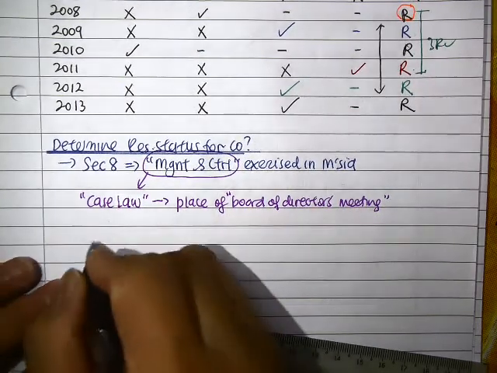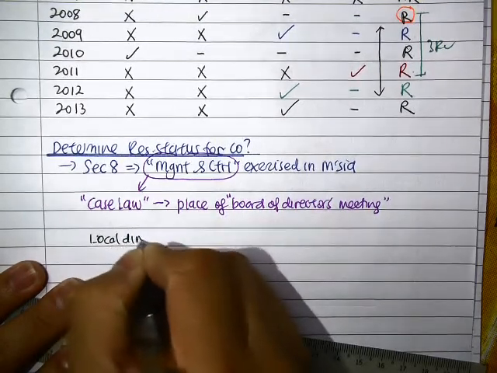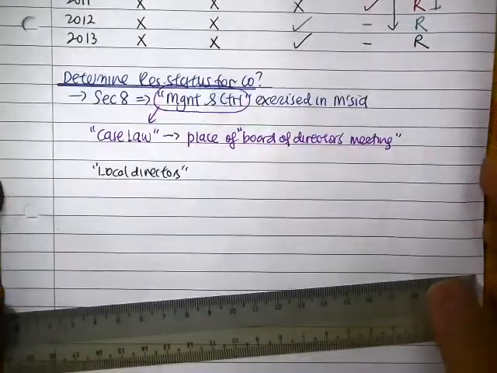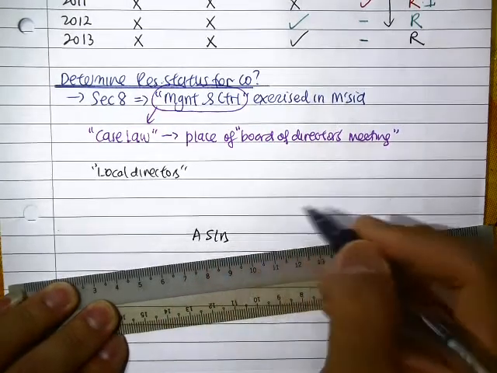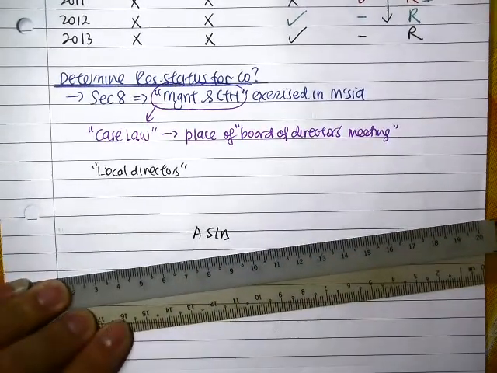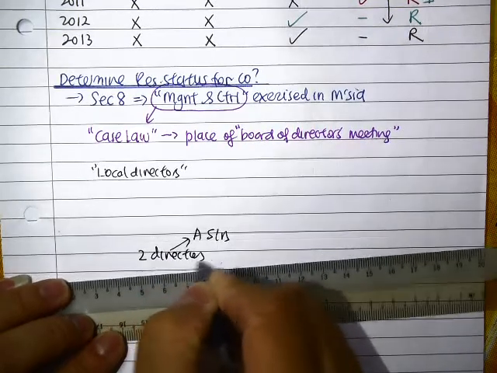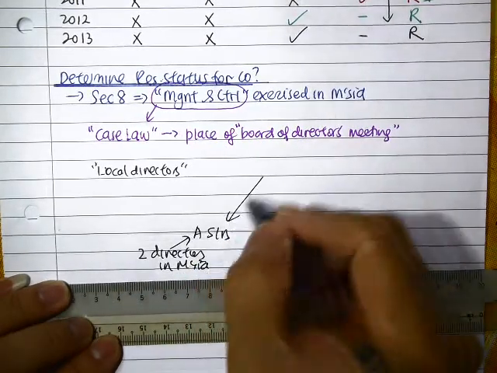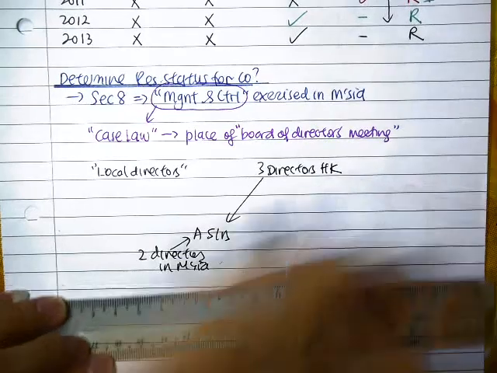So when it comes to the issue of local directors, if you have local directors, let's say we have A Sendirian Berhad. A Sendirian Berhad has 2 directors in Malaysia, and let's say A Sendirian Berhad has 3 directors from Hong Kong.